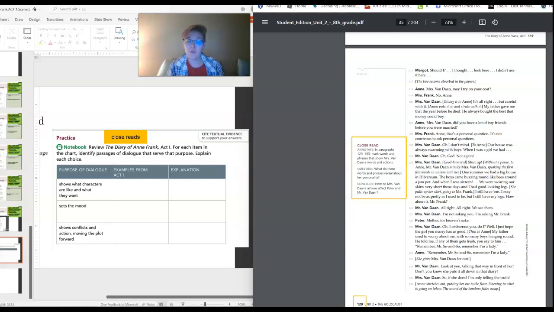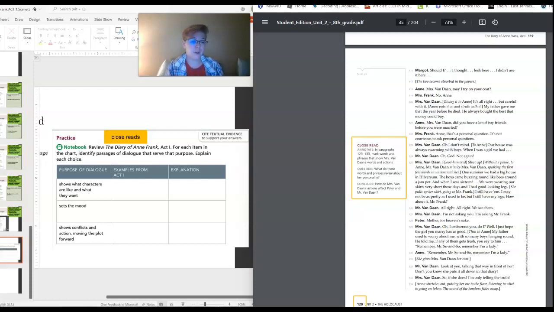So on page 120, this particular close read talks about how Mrs. Van Dan's words and actions show what kind of person she is, like her personality. So this is a good example of the first purpose of dialogue, to build characters.